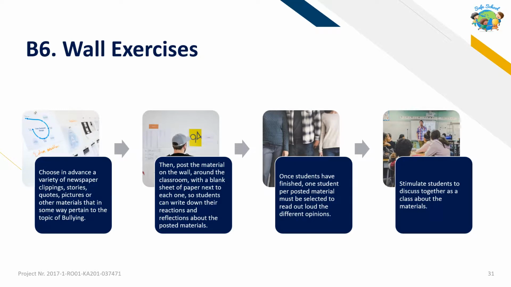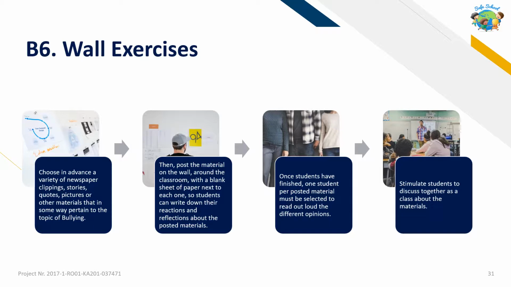In order for this activity to work, the facilitator, first of all, must choose a variety of newspaper clippings, stories, quotes, pictures, or other materials that in some way pertain to the topic of bullying that the facilitator wishes to discuss during the reflection activity.